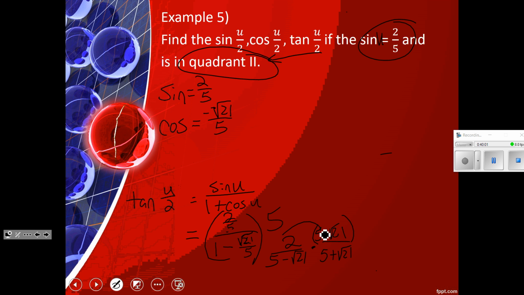That's going to make 10 plus 2 times the square root of 21, all divided by 5 times 5 is 25. The outer and the inner do what? Cancel. And this is negative square root of 21 times positive square root of 21, which is negative 21. So 10 plus 2 times the square root of 21, all divided by 4.